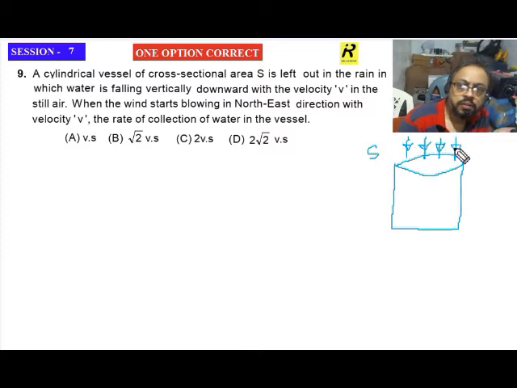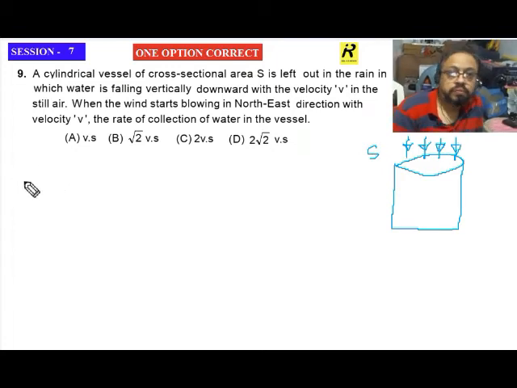These arrow marks are indicating how the rain is falling vertically. So this is being collected in this vessel. So how much water will get collected in the vessel in some time can be evaluated like this.